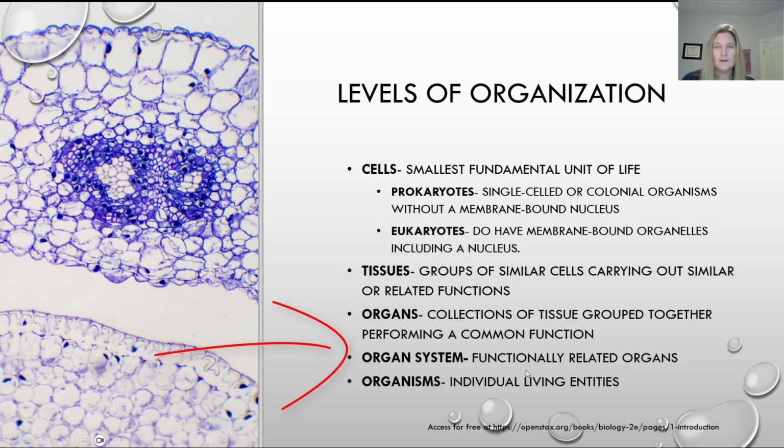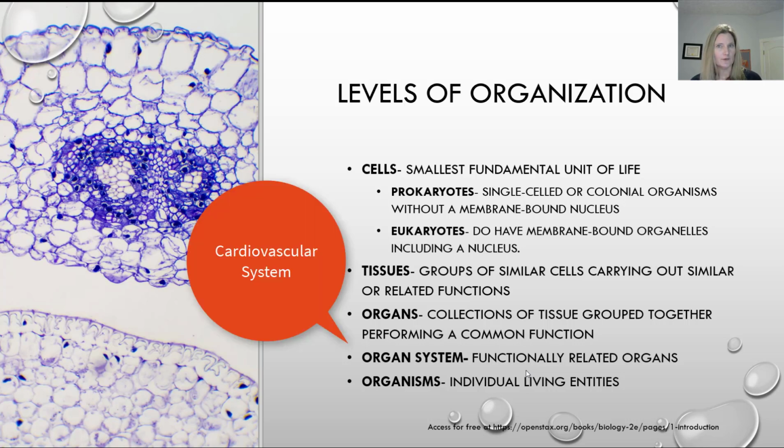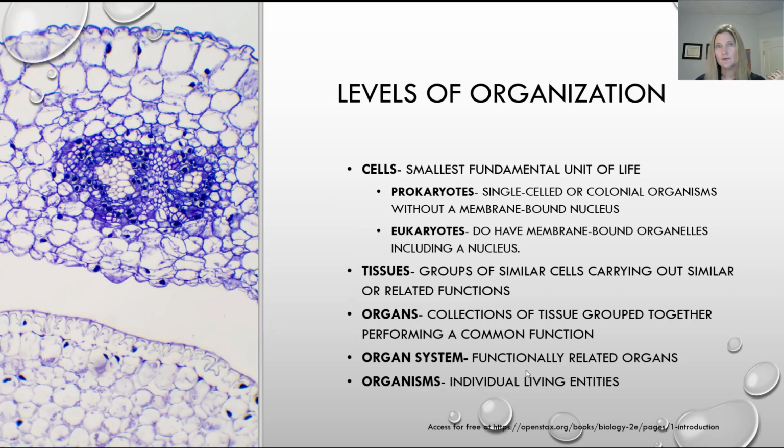An organ system is where we have functionally related organs. So for example, our heart is just a single organ within our cardiovascular system, our organ system. So that cardiovascular system also involves the blood vessels.